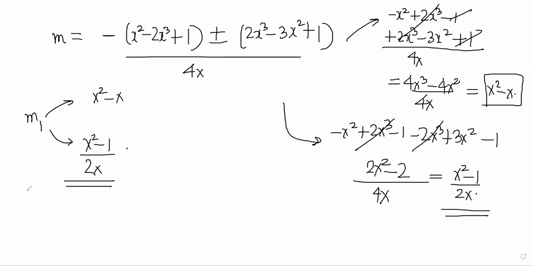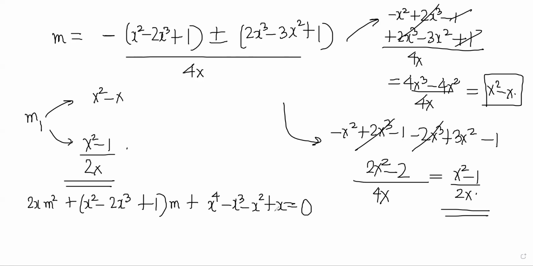So the initial equation was a quadratic in m, which was written like this. This was my quadratic that I had started out with. I have found the roots of this quadratic. So the quadratic can be written as a product of factors, right?